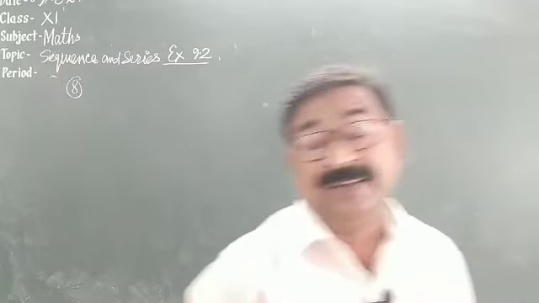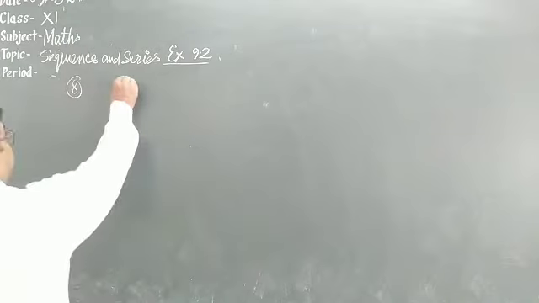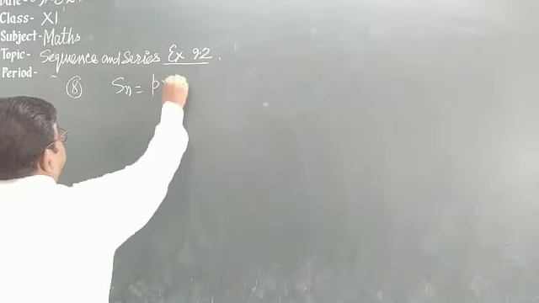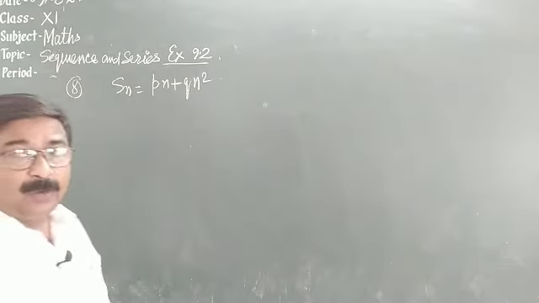Find the common difference. What is given? Sn is equal to Pn plus Qn square, and we have to find the common difference.